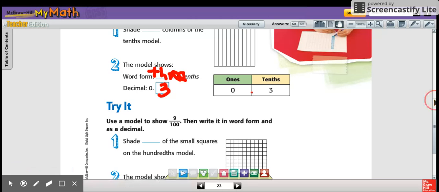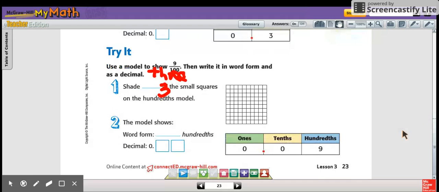All right, as we see here, we're going to use a model to show 9 hundredths. Then we're going to write it in word form and as a decimal. So how many squares are in the big square?